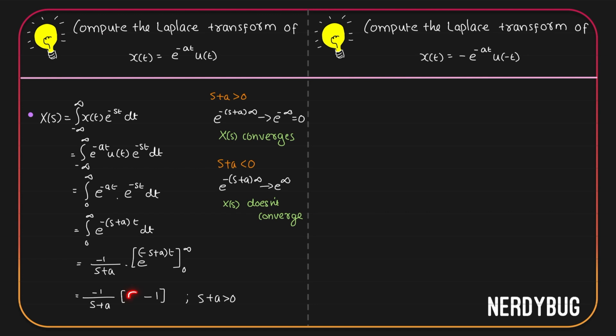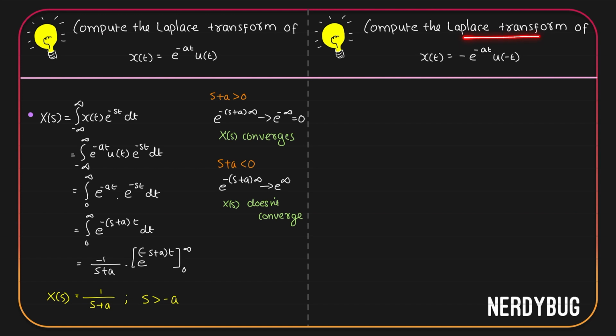In that case, over here we will get 0. So this is minus 1 by s plus a multiplied by minus 1, that is 1 by s plus a. So we can conclude that x of s is equal to 1 by s plus a if s plus a is greater than 0. Or we can write s is greater than minus a.